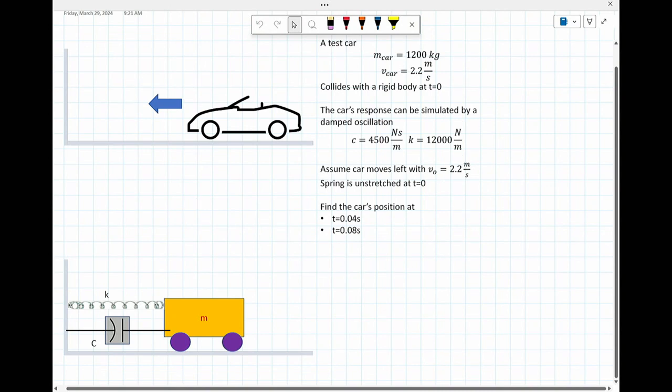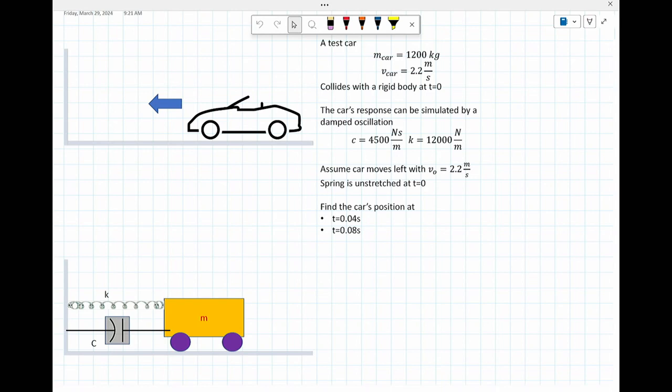Now, this is a similar kind of problem to the first example, and it's one where you're looking at a mass spring damper, but the difference is this is what you would do with a car. So I have a test car that's impacting against the surface. It collides with a rigid body at t equals 0. What that means, of course, is that the car compresses, the rigid body does not.